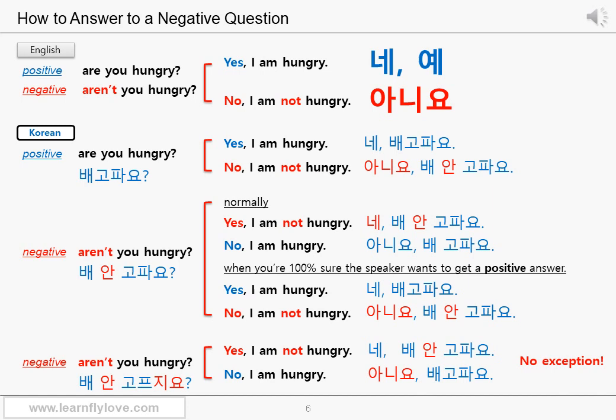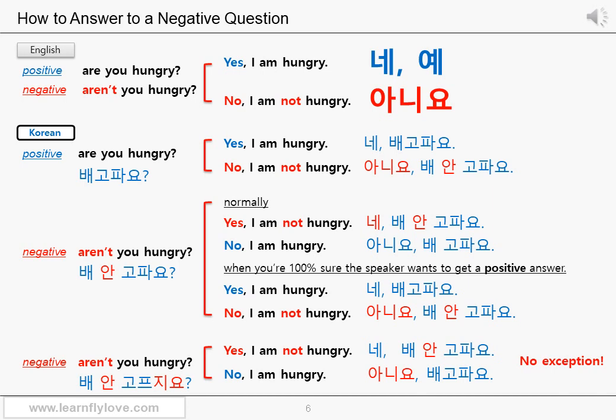First, in Korean, the answer yes, 네 or 예 means, yes, you're right. Yes, the entire sentence you've just said is correct. Therefore, when it's a negative question, 네 or 예 means you are positive to a negative meaning. So you use 네 or 예 with a negative answer to a negative question.